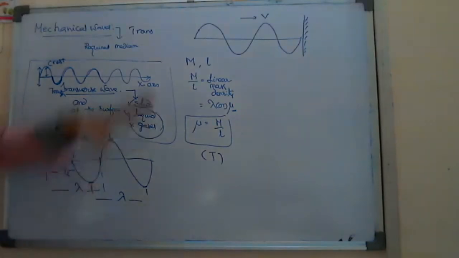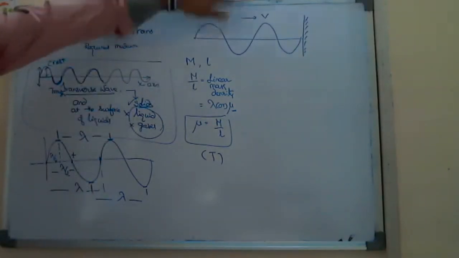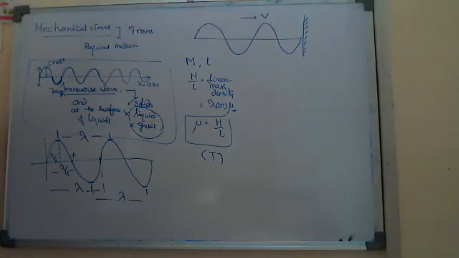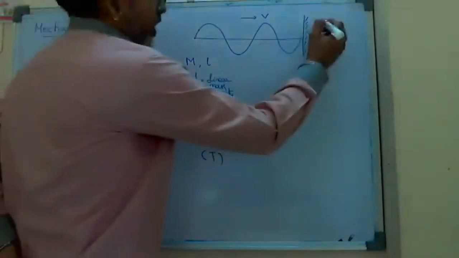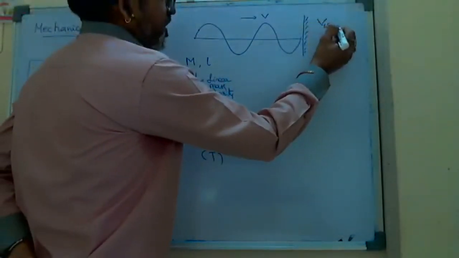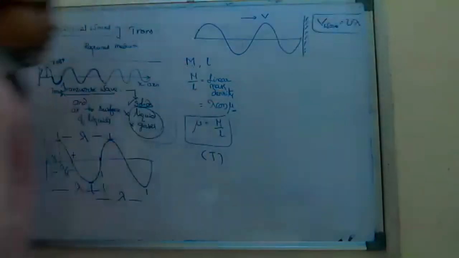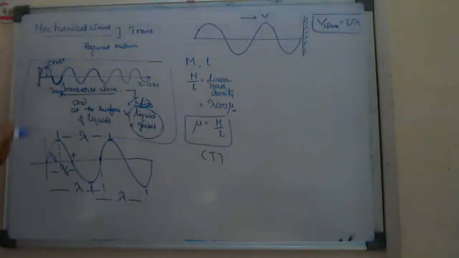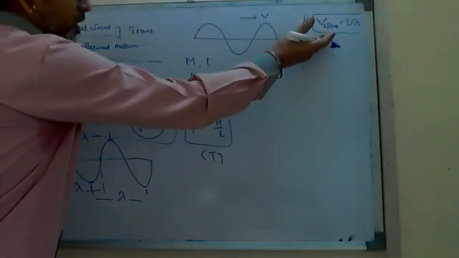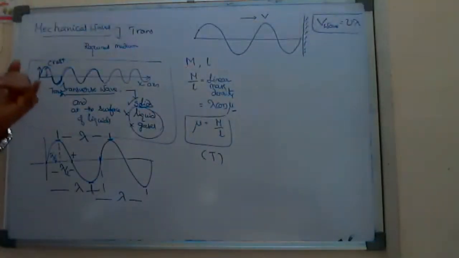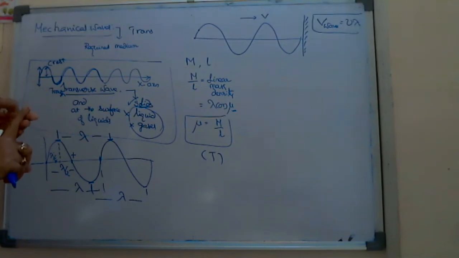So here I am going to say what will be the velocity of the transverse wave. You may say, sir, already I know velocity of wave is equal to nu lambda, then why should I derive? V is equal to nu lambda, you can apply that wave equation for any type of wave, whether it is mechanical wave or electromagnetic wave or some other wave.